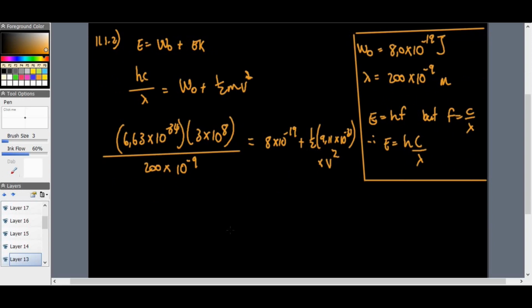Let's just do the left hand side here quickly. So 6,63, let's bracket it out nicely, times 10 to the power of negative 34 multiplied by 3 times 10 to the power of 8, all over 200 times 10 to the negative 9.